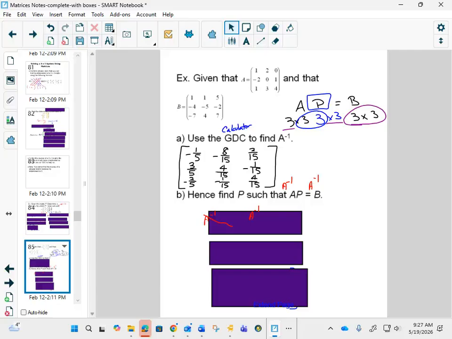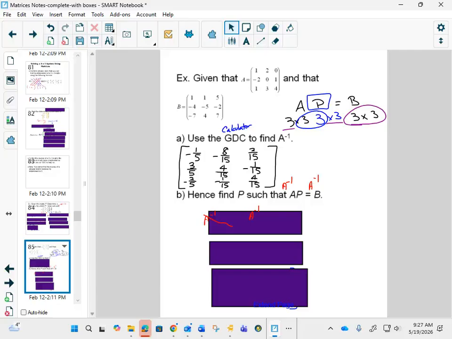So if I want to get rid of the A, I have to multiply by A inverse. Careful, because if you multiply by A inverse on the front on this side, you have to multiply by A inverse on the front on this side. If you multiply A inverse on the back on the other side, you will get an answer that means absolutely nothing.